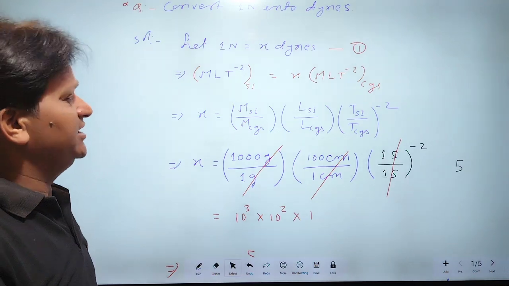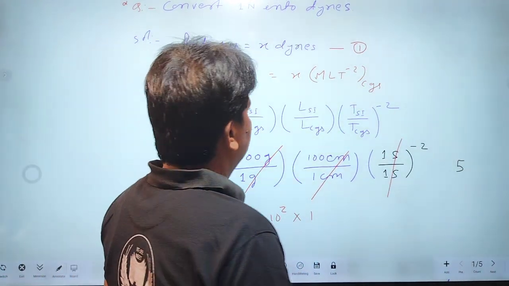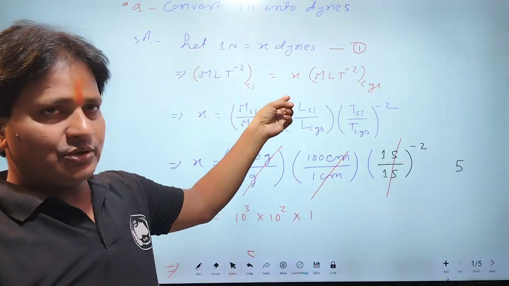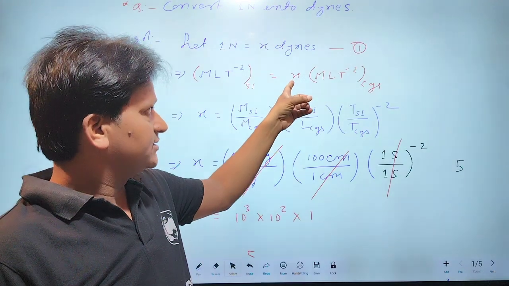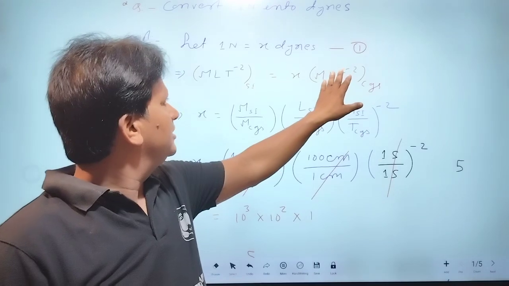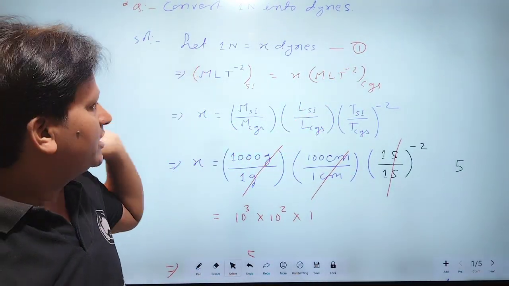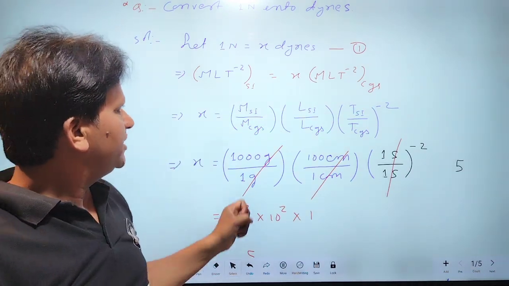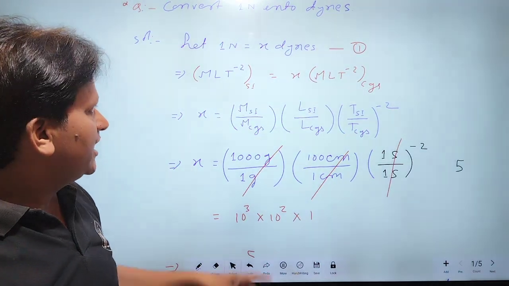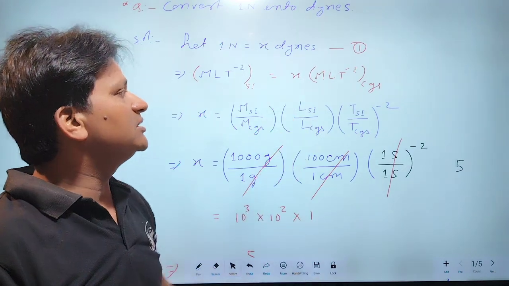We have to find the value of x. How to find the value of x? Therefore, x should be equal to m SI upon m CGS, L SI upon L CGS, and T SI upon T CGS.